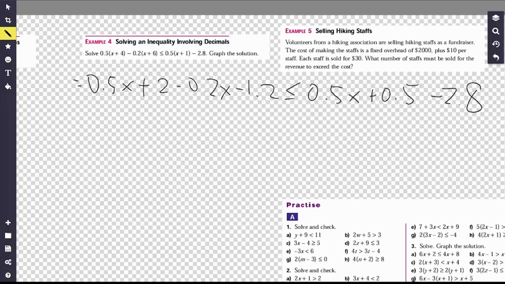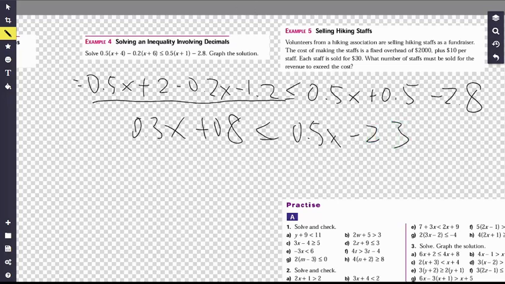Actually, why don't we collect the like terms first? I want to do an extra step for you, because if I skip too many steps, people won't catch on, since this is not good handwriting. So we collected these like terms and simplified it to 0.3x plus 0.8. On the right side, we will have 0.5x minus 2.3.